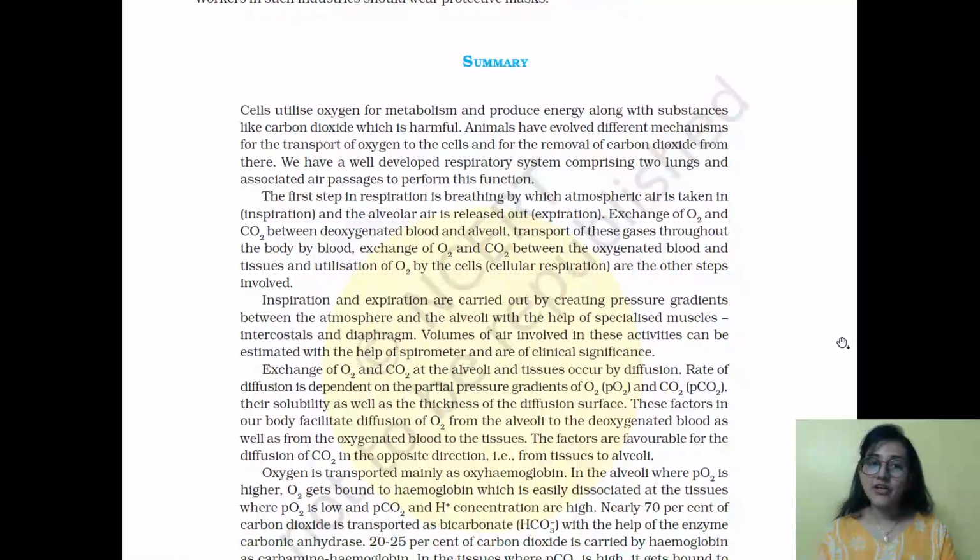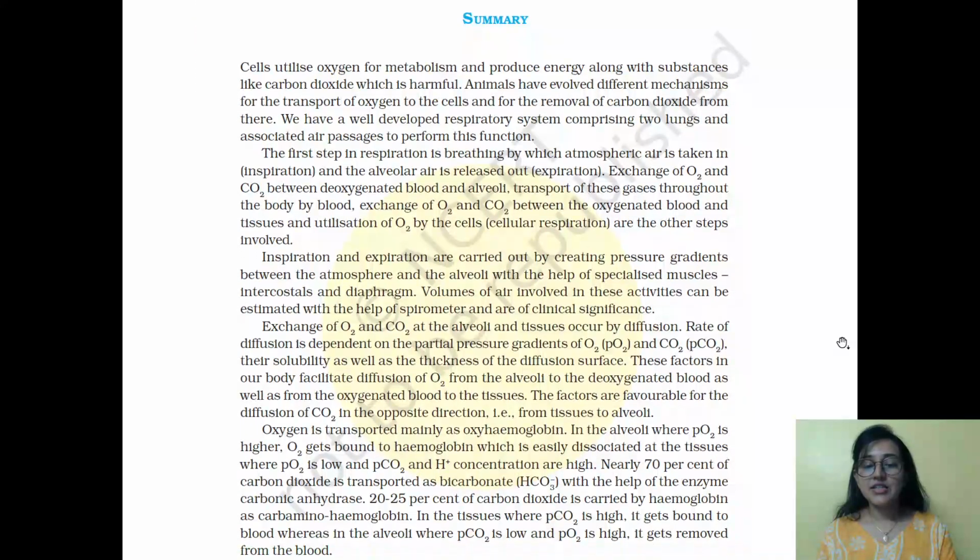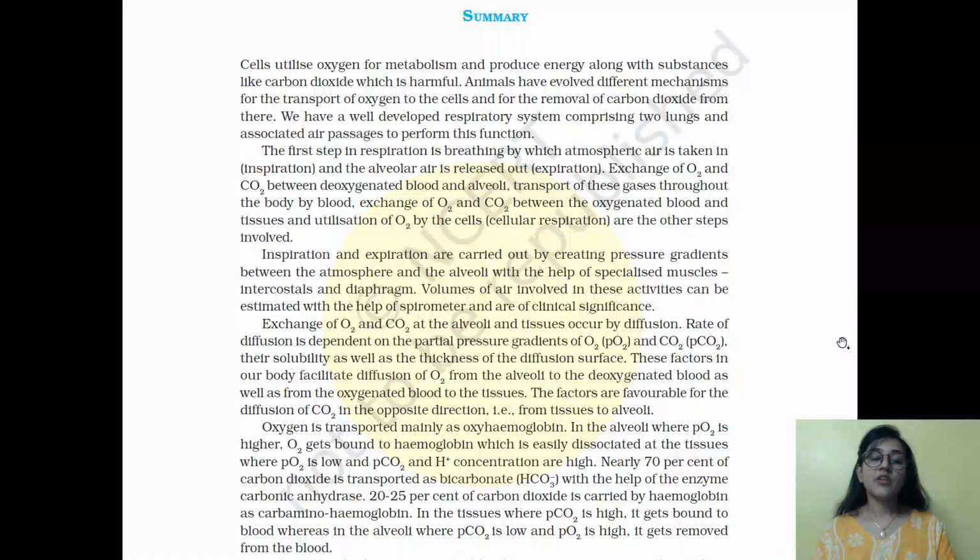Coming to the summary of the chapter, breathing and exchange of gases. Cells utilize oxygen for metabolism and produce energy along with substances like carbon dioxide, which is harmful. Animals have evolved different mechanisms for the transport of oxygen to the cells and for the removal of carbon dioxide from there.